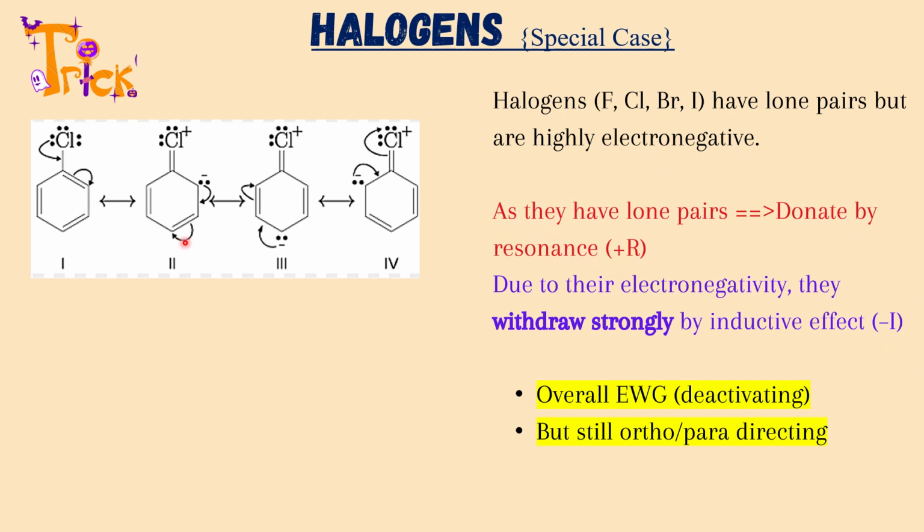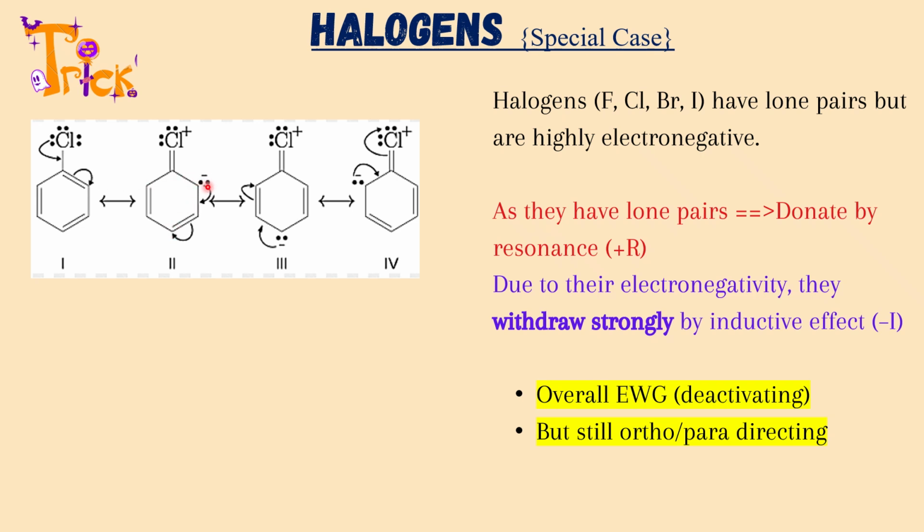So since there is a strong minus I effect, we can say that the benzene ring is slightly deactivated compared to the previous donating groups that we have seen. But at the same time, there is an additional electronic effect present, that is nothing but the resonance effect. That resonance effect is slightly causing an increase in the electron density at ortho and para positions.